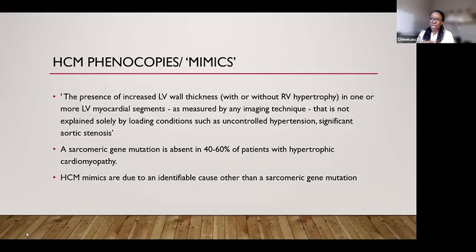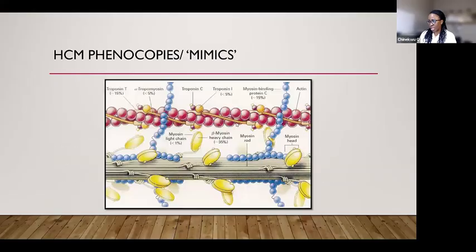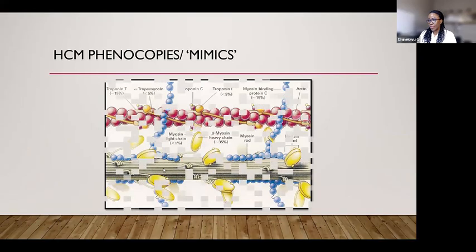But strictly speaking, as per the recent ESC guidelines, hypertrophic cardiomyopathy is for those patients that have a sarcomeric mutation, i.e., the sarcomere that we looked at. So if they have a gene mutation in one of these constituents, then they have hypertrophic cardiomyopathy. If they don't, then they have left ventricular hypertrophy, and we need to find out why.